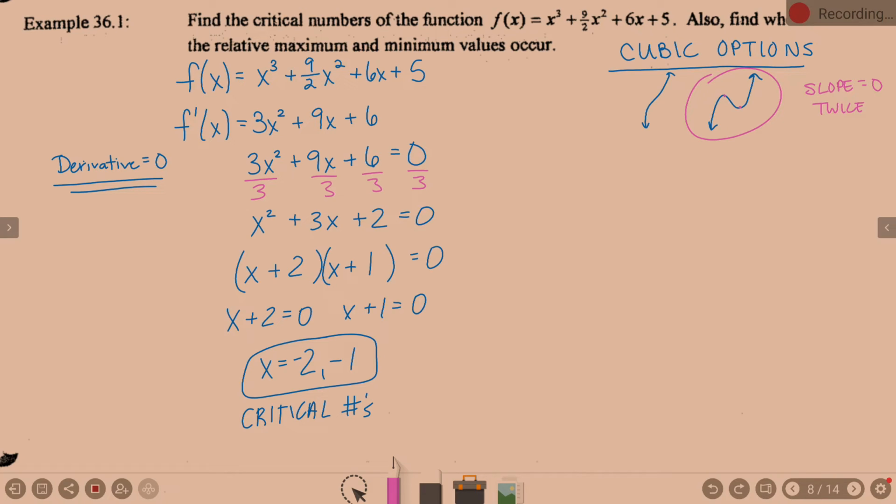So, okay, when we say plug -2 in, you're going back to the original equation, not the derivative. We want the min and max values on the original equation. So I'm doing -2 to the third plus 9/2 times -2 squared plus 6 times -2 plus 5.